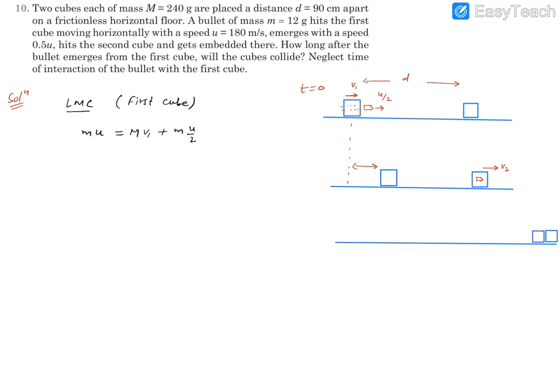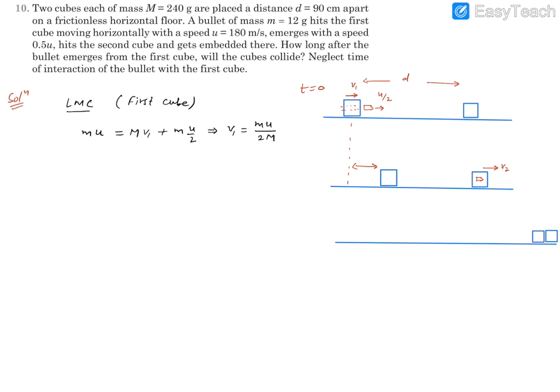This will give us the v1 value. mu minus mu by 2 basically becomes mu by 2, so v1 is going to be mu divided by twice times capital M. So we got v1.